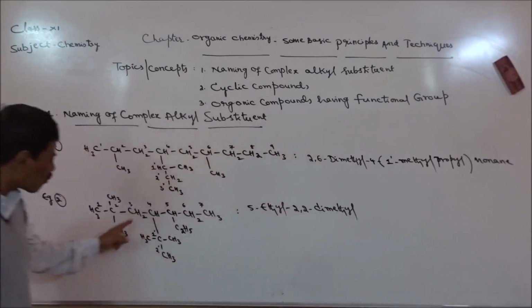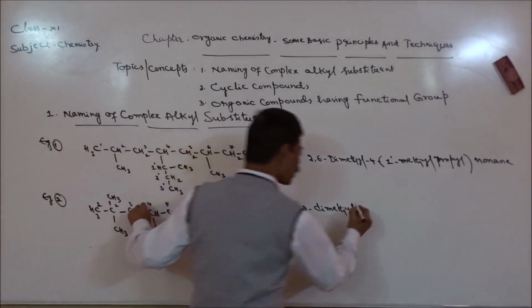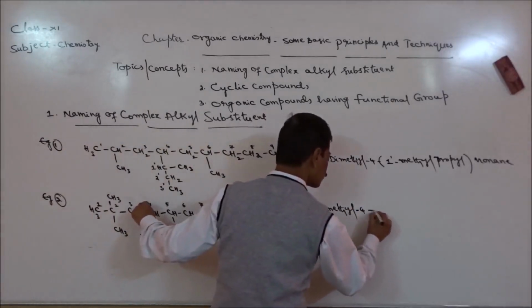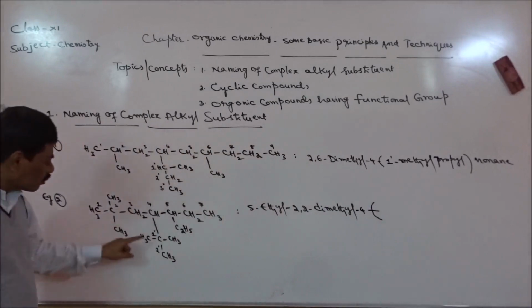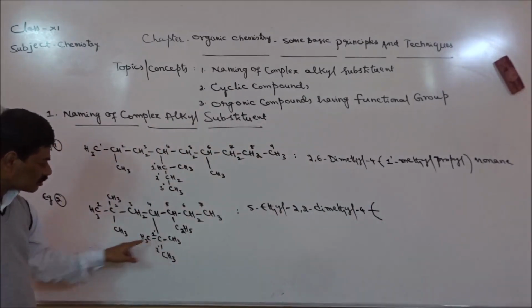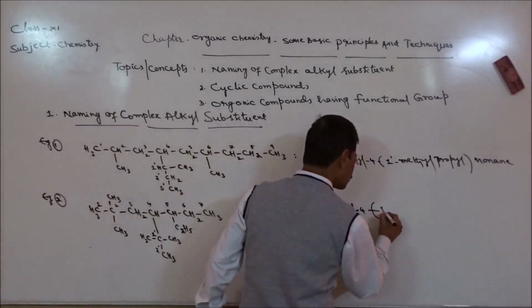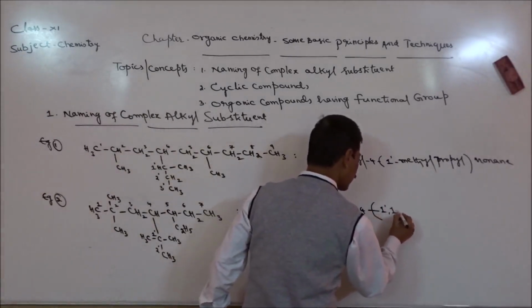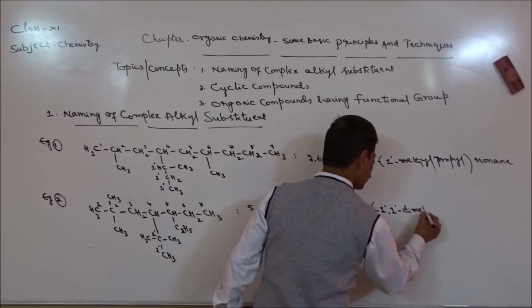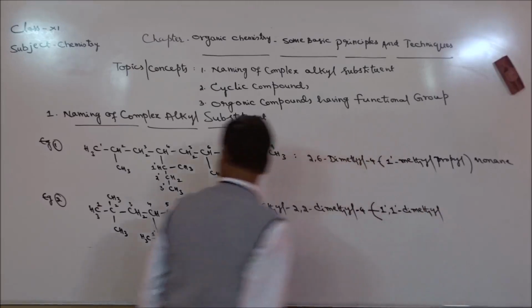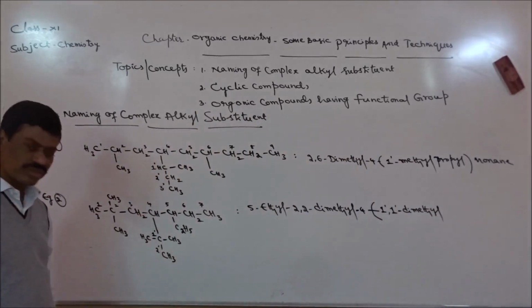Now, this complex alkyl group is connected to the 4th carbon atom. So I write 4. Now, see, to the first carbon atom, 2 methyl groups are connected. So I write 1 dash dimethyl. Now, this long chain has 2 carbon atoms.